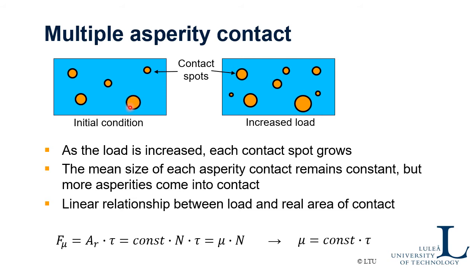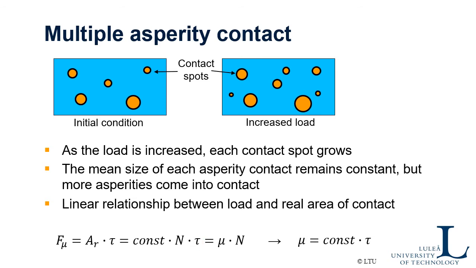We assume that there is a constant shear stress of tau that you need to overcome to start sliding in that contact. And since the real area of contact is proportional to the normal load, it's a constant multiplied by N. That means that mu is actually a constant multiplied by the shear strength of the interface.